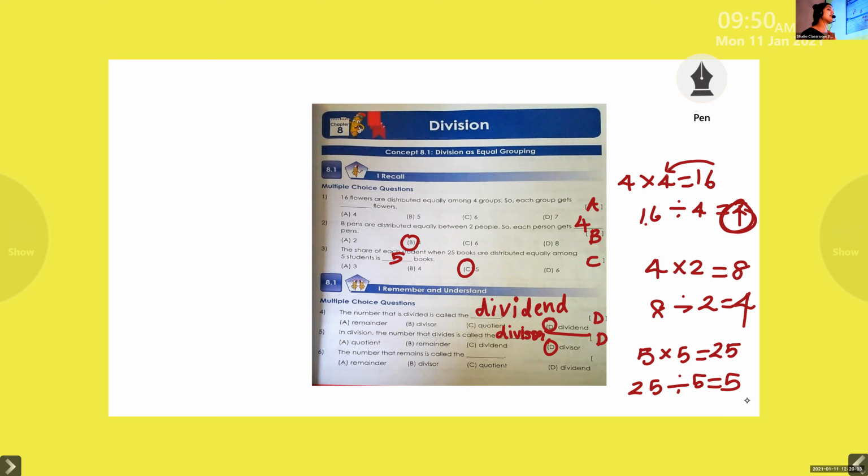Dear, that is the answer we are getting on the top. After subtraction, what we are getting down? Remainder. The number that remains is called remainder.